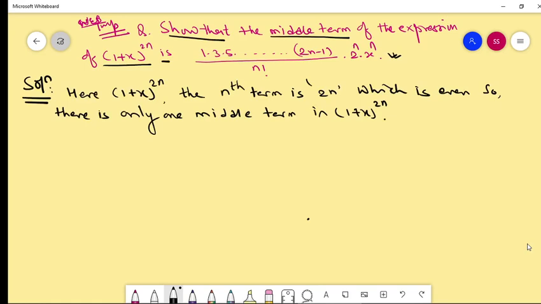Now dear students, let us suppose m equals 2n. I have supposed m, another variable, to make it easier to calculate. That is my assumption.